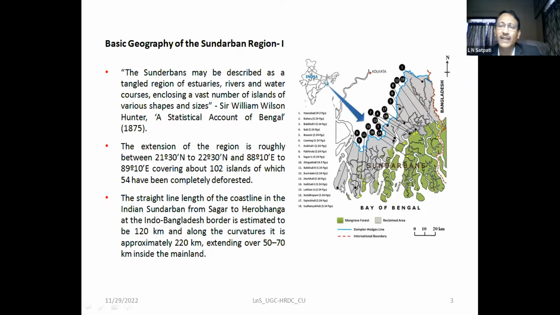place. For example, in this area the erosions are taking place. In this part, the sedimentations are taking place. In this way, all the delta fronts, the fronts of the islands in the south, wherever they are directly being hit by the cyclonic storms and also the waves, they are eroding, and the eroded materials are going somewhere else.